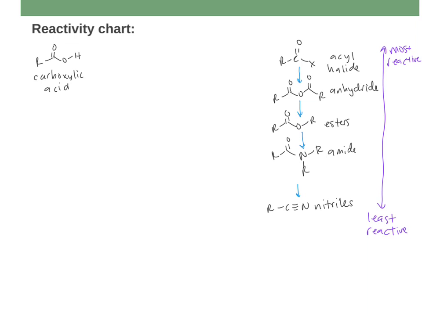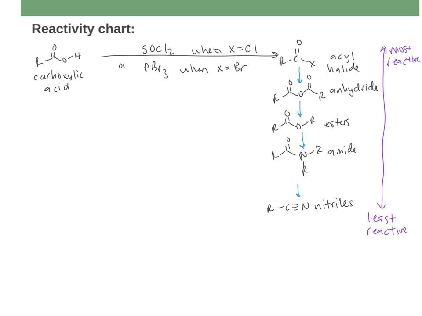Now, in order for us to get to the acyl halides from the carboxylic acid, we already know reactions to turn carboxylic acids into acyl halides, right? If I want to turn a carboxylic acid into an acyl halide, I can add SOCl2 if I want my X there to be a chlorine, so if I want an acyl chloride. Or I can add PBr3 when I want my halogen to be bromine.